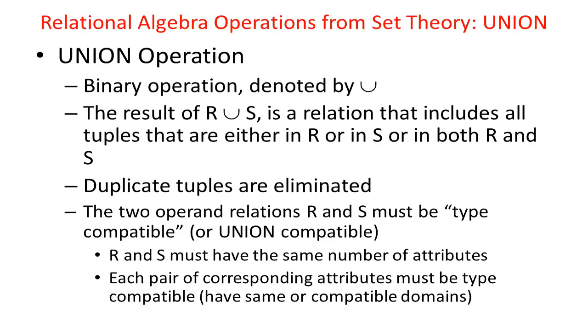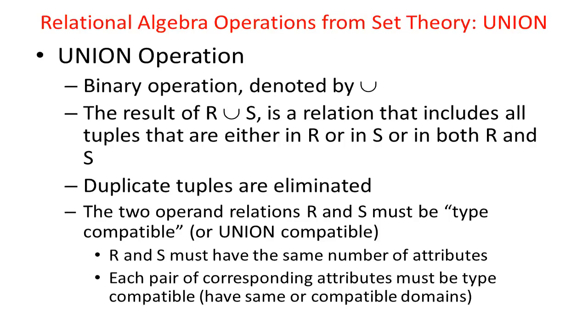So here the result of R union S is a relation that includes all the tuples that are either in R or in S or in both R and S. When you combine two different sets of values, the resultant will have the elements present in R and the elements present in S. So everything will be combined.